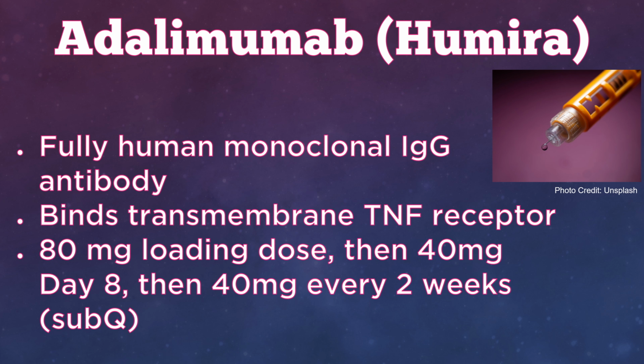Adalimumab is given subcutaneously with 40 mg syringes and is dosed with a 80 mg loading dose, then a 40 mg dose on day 8, and then 40 mg every 2 weeks after that. Keep in mind that this dose of adalimumab is very different from the one that's used for hidradenitis suppurativa.